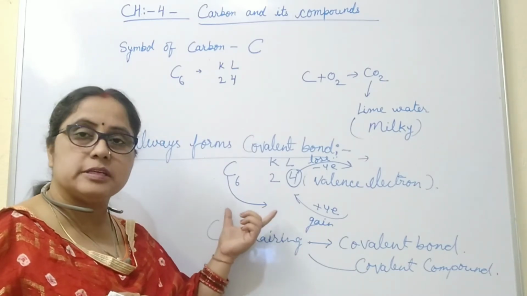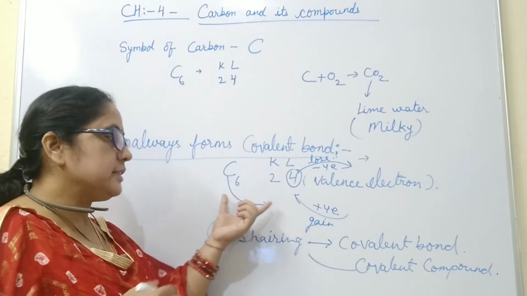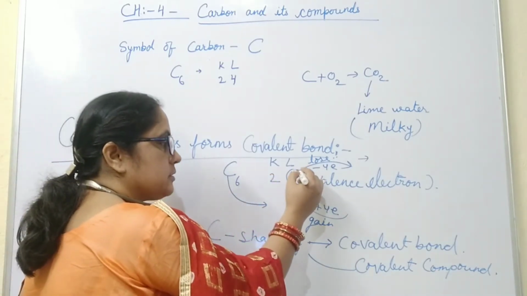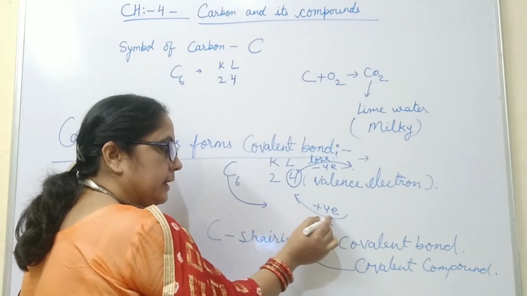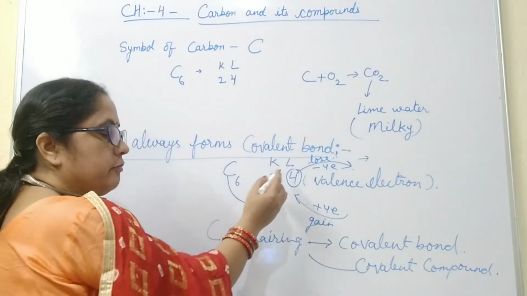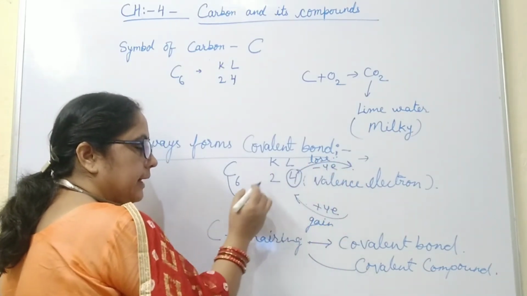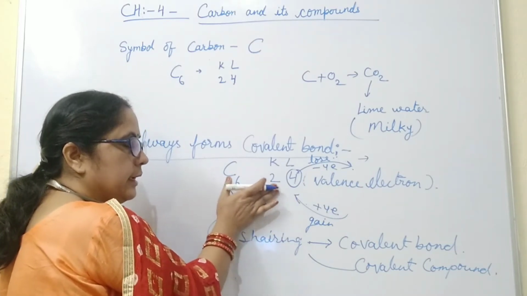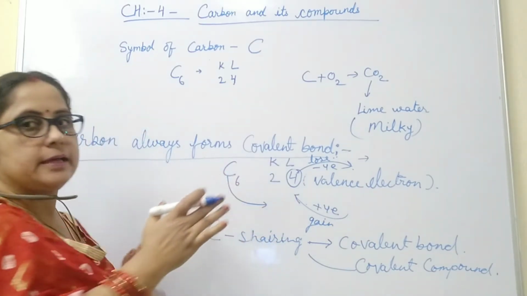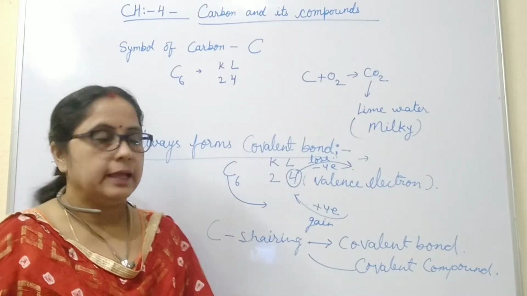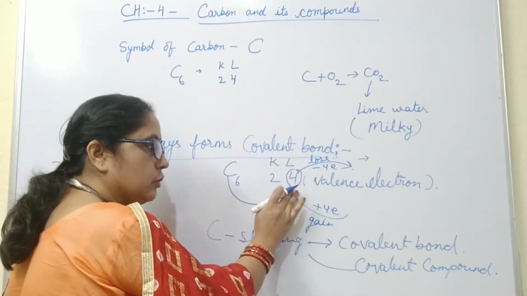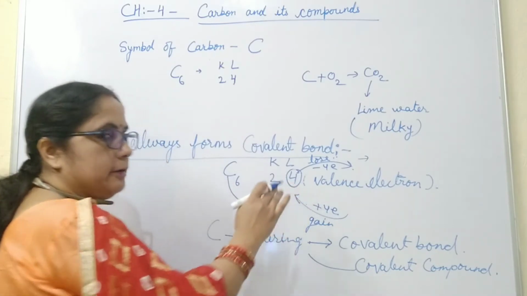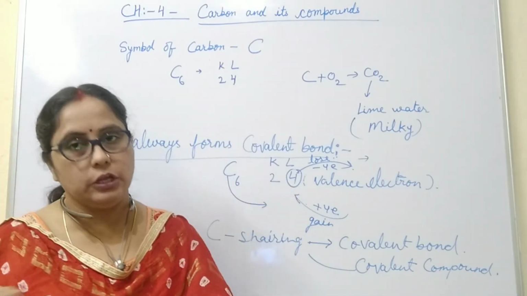It has two possibilities. First is by loss of these 4 valence electrons, and second is by gain of 4 electrons. When it loses 4 electrons, it has only 2 electrons in the K shell and behaves like the inert gas helium. And when it gains 4 electrons, it contains 8 electrons in its outermost shell and behaves like the inert gas neon.